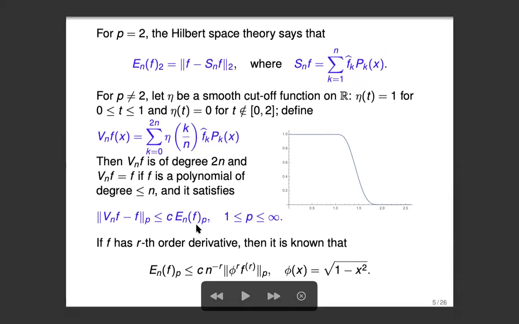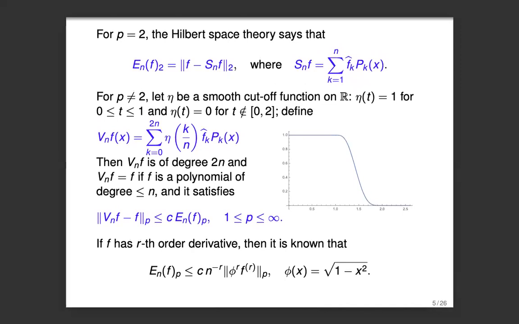So if f has r-th order derivative, so it's a smooth function, then we know this error is bounded by c n to the negative r, times the norm of phi to the r power times the r-th derivative of f, where phi is the square root of 1 minus x squared. So phi is actually less than 1, and you essentially have n to the negative r.